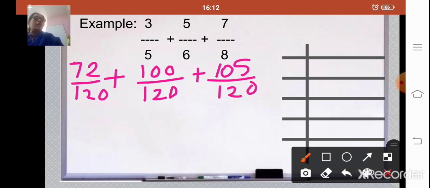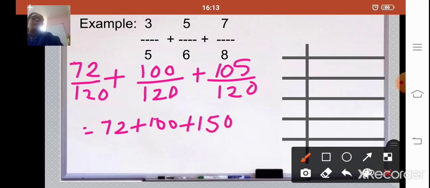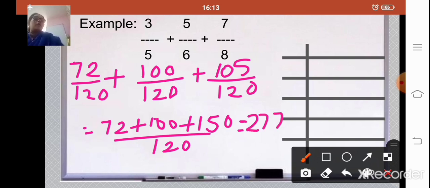Now add it together. When you add all three, that is 72 plus 100 plus 105 upon 120, you'll get the fraction as 277 upon 120.